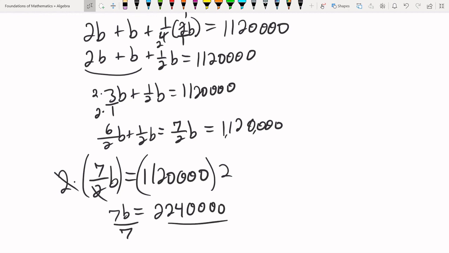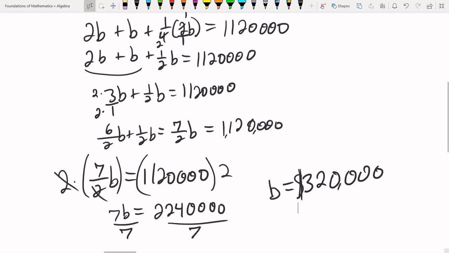Now divide by 7, so B equals $320,000. That's the cost of the base material, because my variable B references the base material.